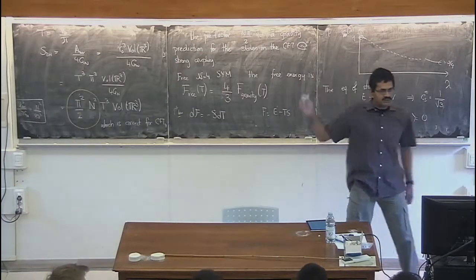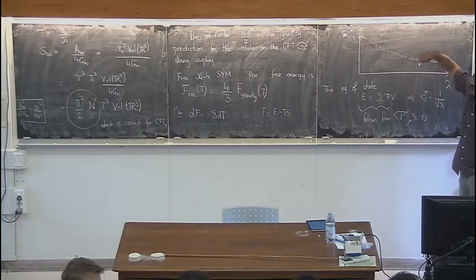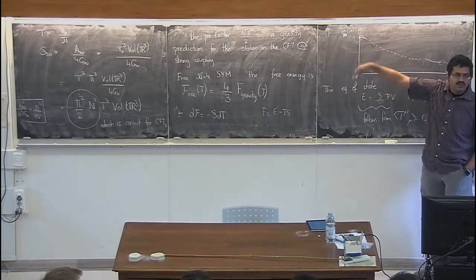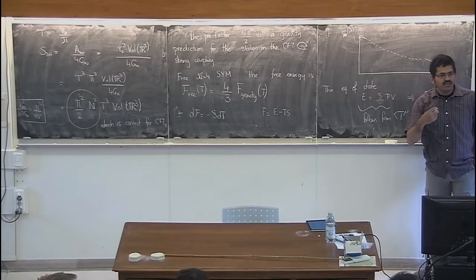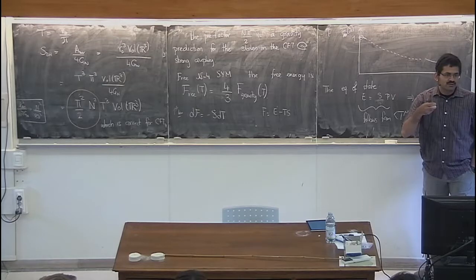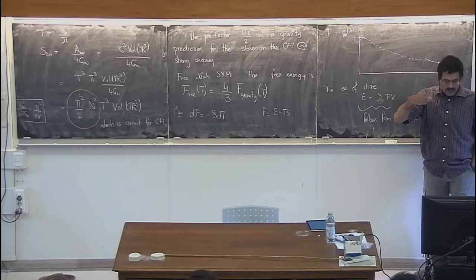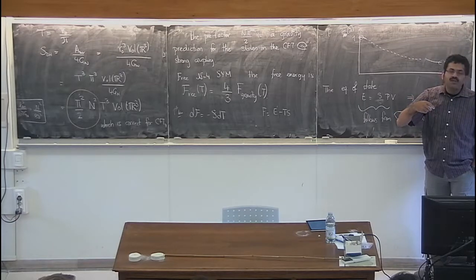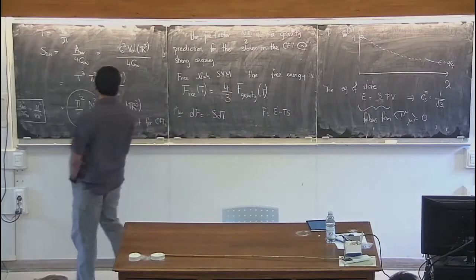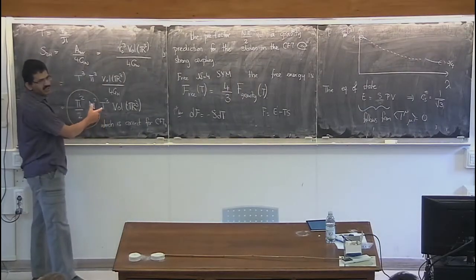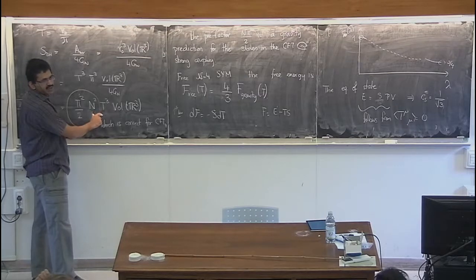The argument that led to this diagram. So in free theory, I told you there was a counting done. You can do the free energy calculation. Then you can try to do the free energy calculation at small lambda. So you do one loop corrections with lambda perturbation theory, and what you see is, you know that once the dust settles you'll get N squared T cubed out. That's sort of guaranteed to you. N squared is the number of SU(N) degrees of freedom that are there in the system.